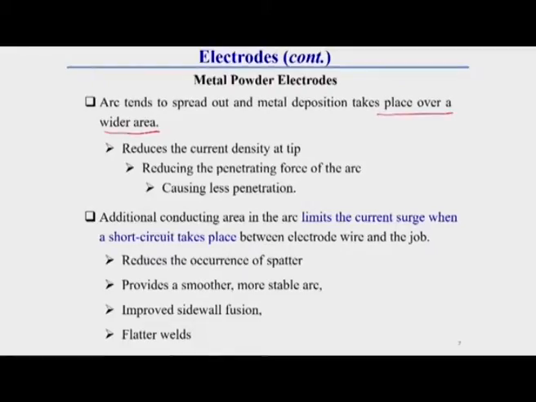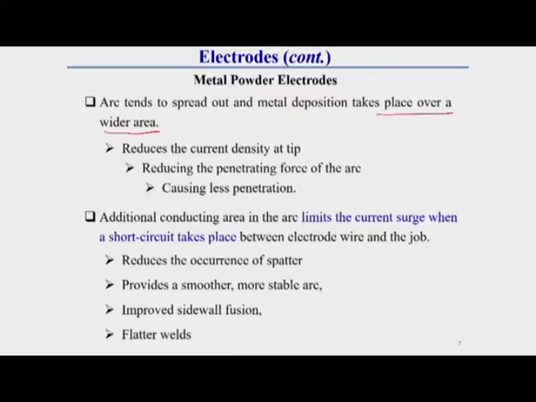Now, the additional conducting area in this arc generally limits the current surge when short circuiting takes place. Keep in mind that the current is flowing through this flux coating. So once short circuiting takes place, there is less current surge, that means the current rise will be slow, due to this higher conduction of current through the flux coating.